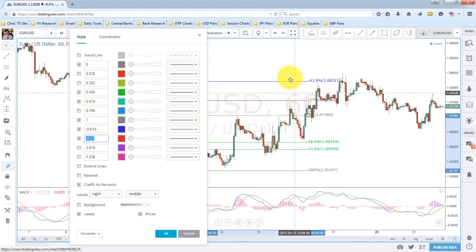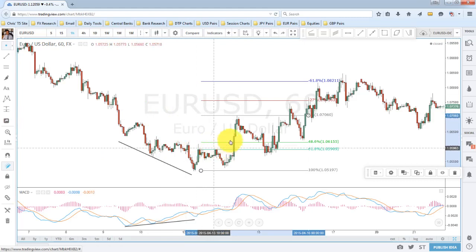In order to get the extensions, we need to have the negative numbers, so it's on the other side of the 100% level, which is right here, the high of the swing. Okay, so these are Fibonacci extensions. That's how we're going to use them for this specific divergence trading setup.